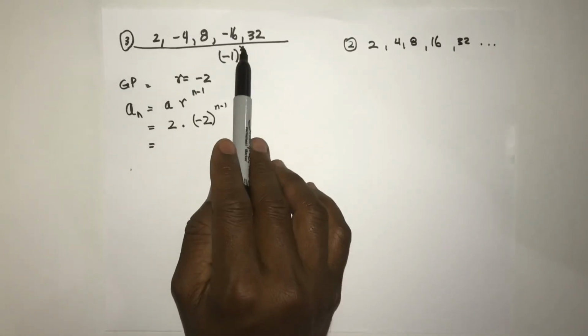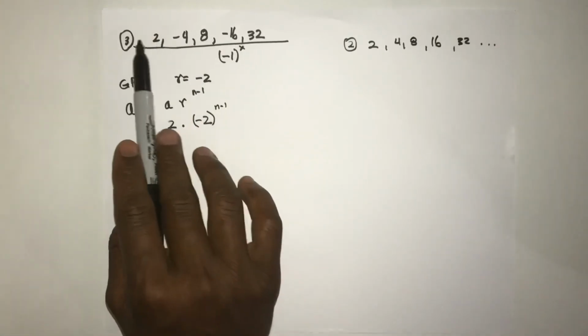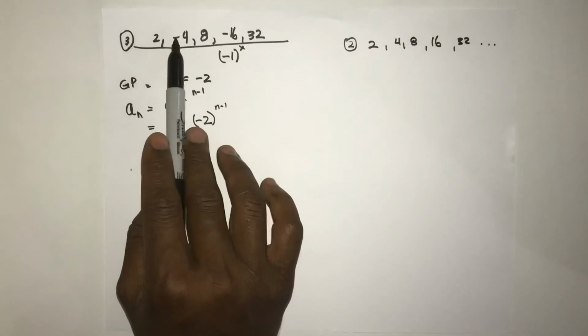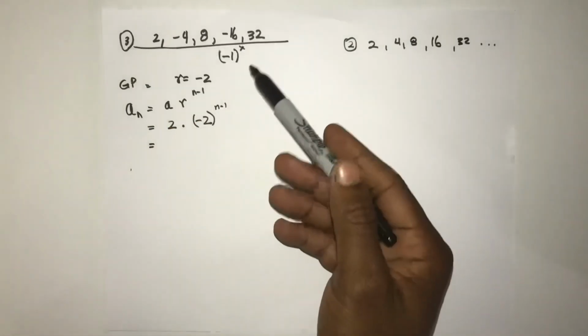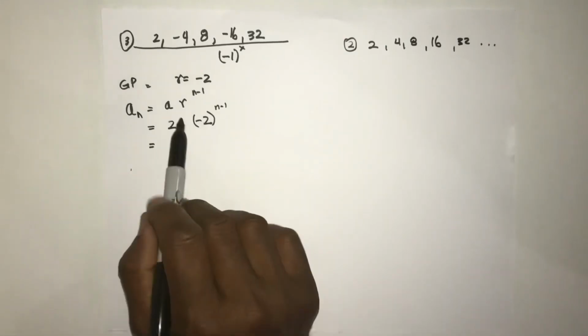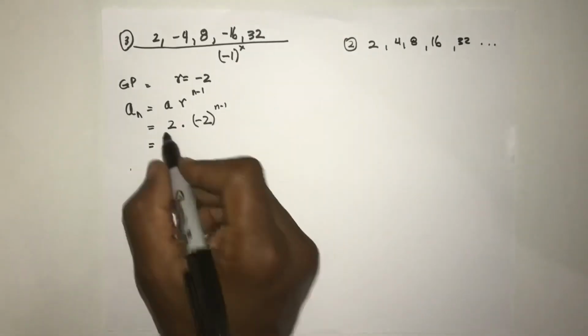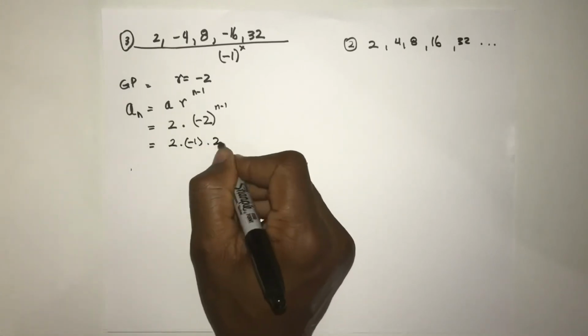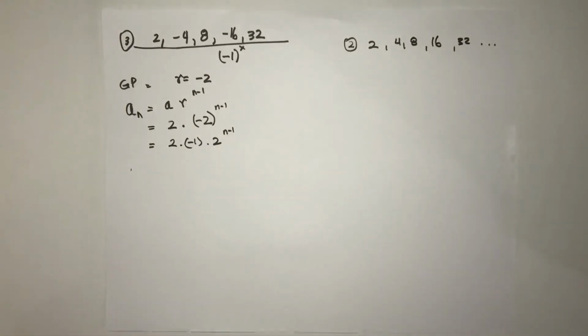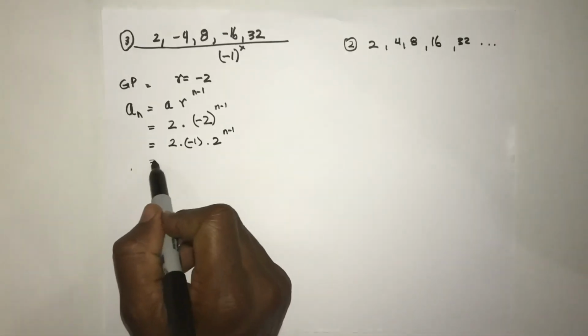Now this power is dependent on whether the negative comes first or second. In our case it comes second, so we'll look at how to deal with that situation. To simplify this, we can simply say this is 2 times negative 1 times 2 raised to the n minus 1. And that is how we get the negative 1 here.